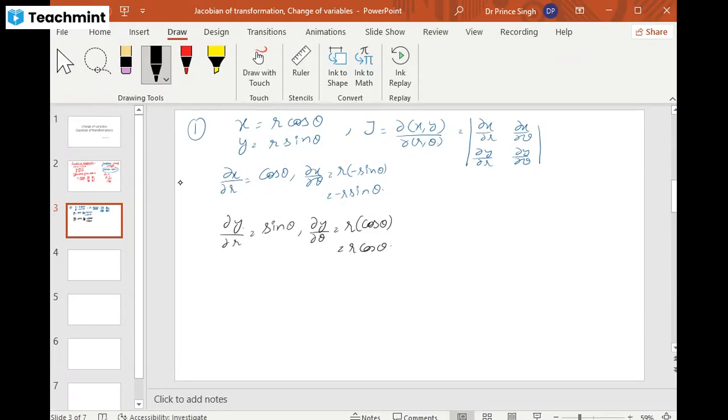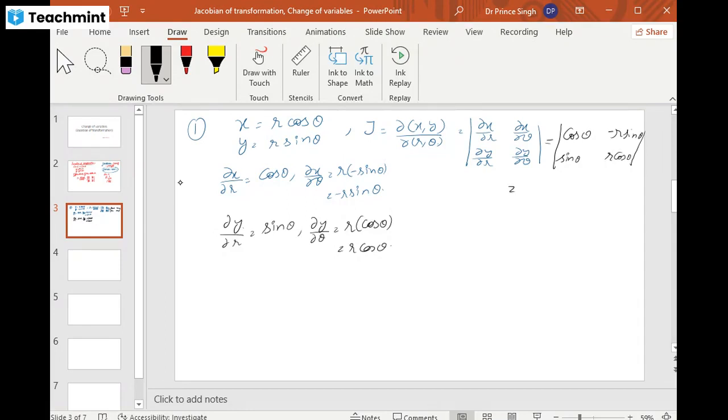So if we substitute these values here, the derivative of x with respect to r is cos theta, this is minus r sine theta, and the derivative of y with respect to r is sine theta, and this is r times cos theta.